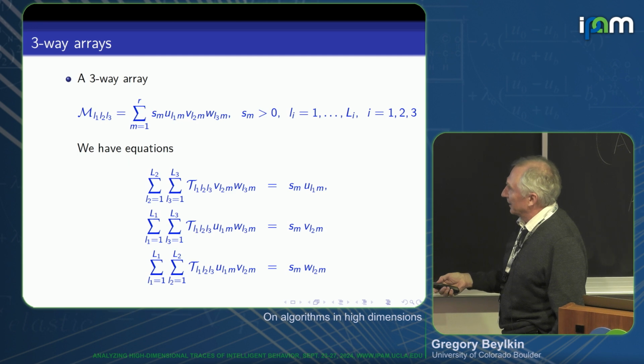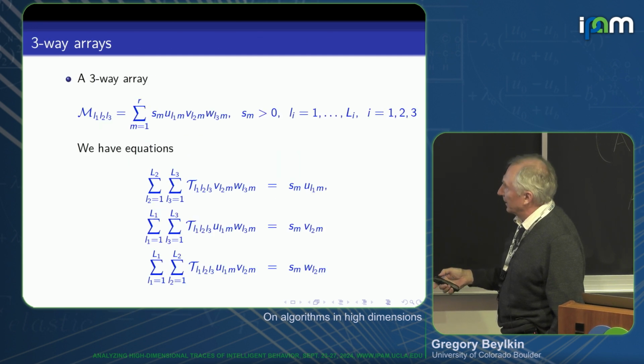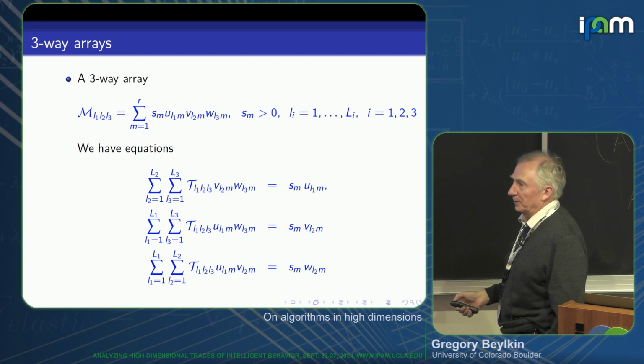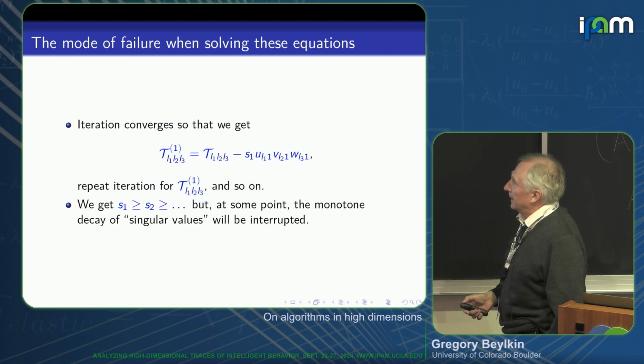You can write it with 3 indices. So you want to get this. So why not repeat what you do with singular value decomposition? I contract L2, L3, I get L1, and so on.